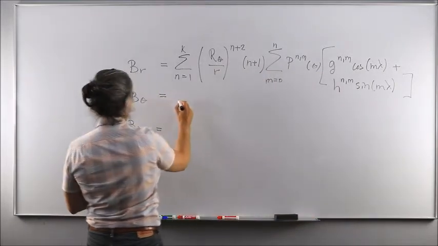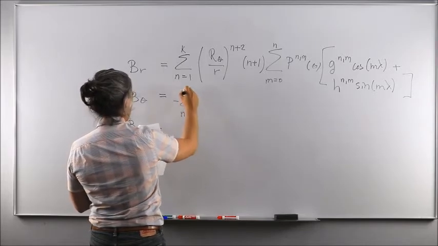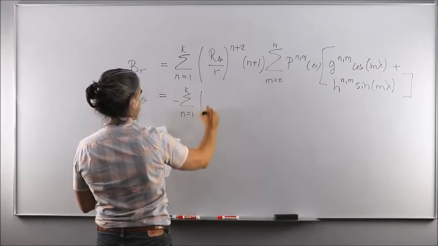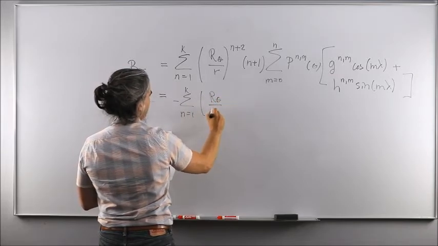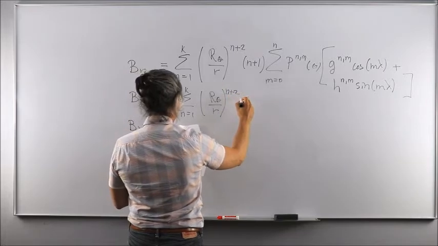B theta is minus the summation of n equal 1 to k of the mean equatorial radius of the Earth over r, all this to the n plus 2.